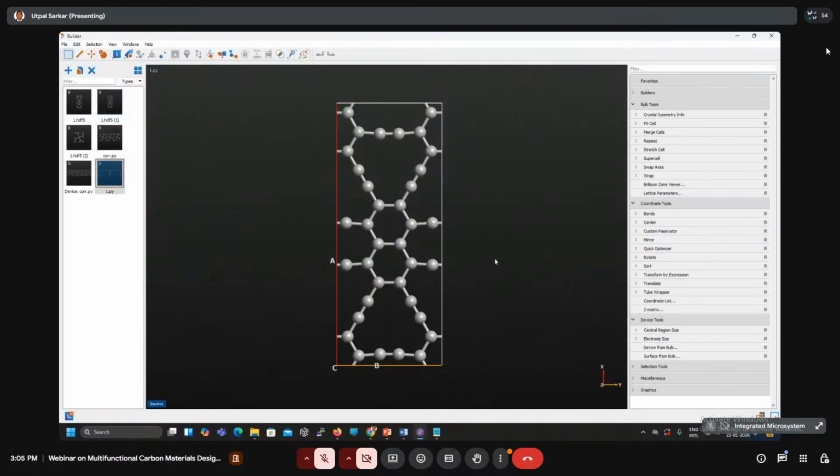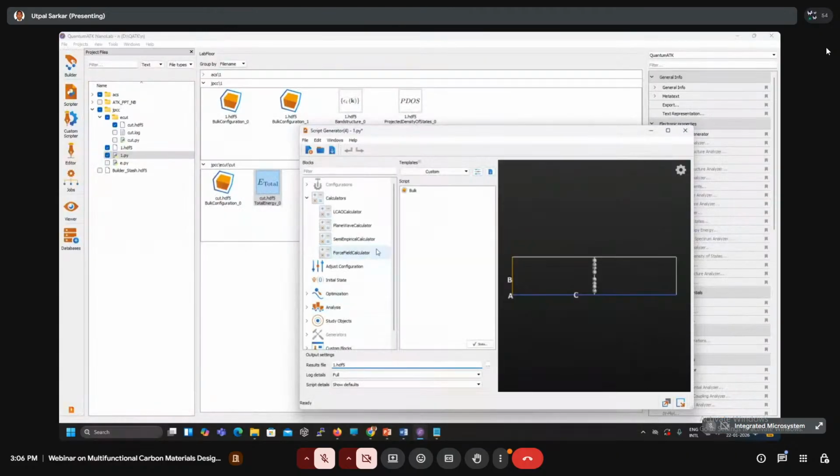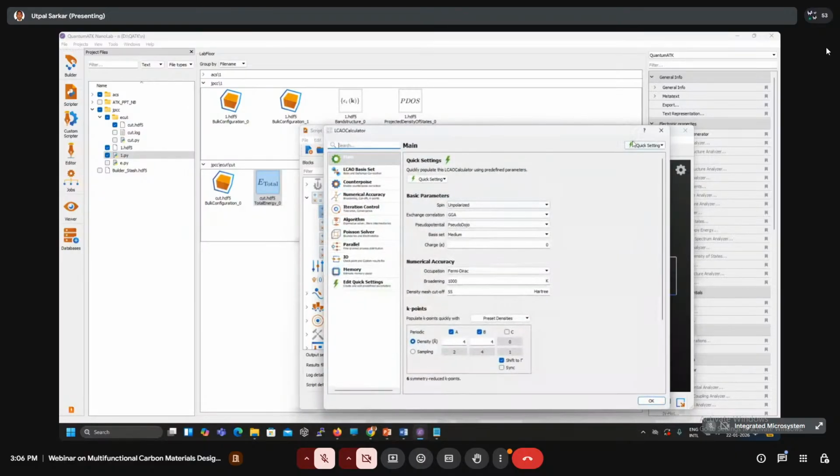Once we get the density mesh cutoff and k-point sampling, now again we have to go to the script generator, set the calculator. You can set the exchange correlation and pseudo potential according to your convenience, and choose the k-point that you got from the energy cutoff convergence criteria and the k-point sampling.